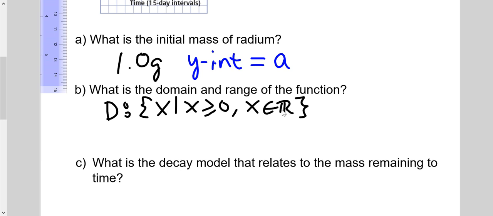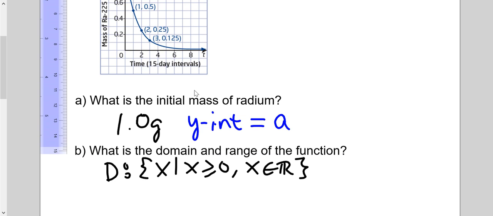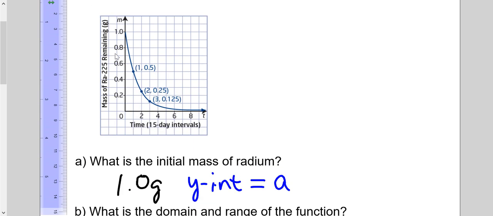Next, let's look at the range. Range means the vertical stuff, the y stuff. So if you look at that, this is the largest value y could be, which is 1. And then y, as time goes by, would get smaller and smaller. But once again, hope you still remember, there is a horizontal asymptote. So the graph could never be touching the x-axis.